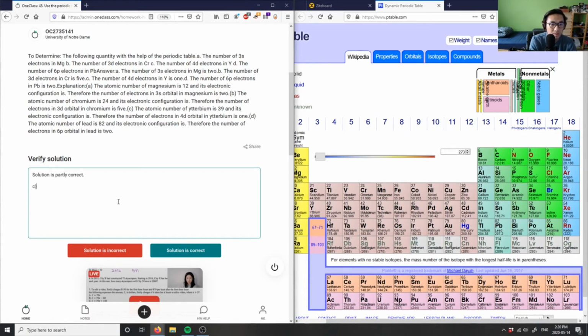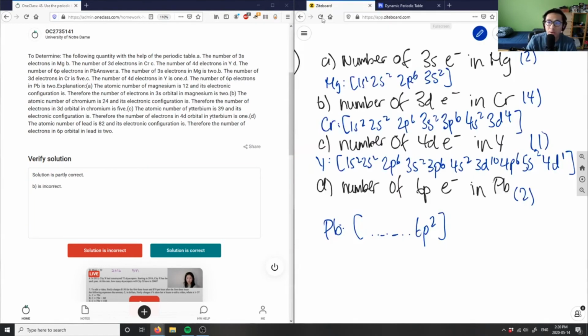C here is, oh no, B is incorrect. And why did we say B was incorrect? Well, we said there are 4 electrons here, right?